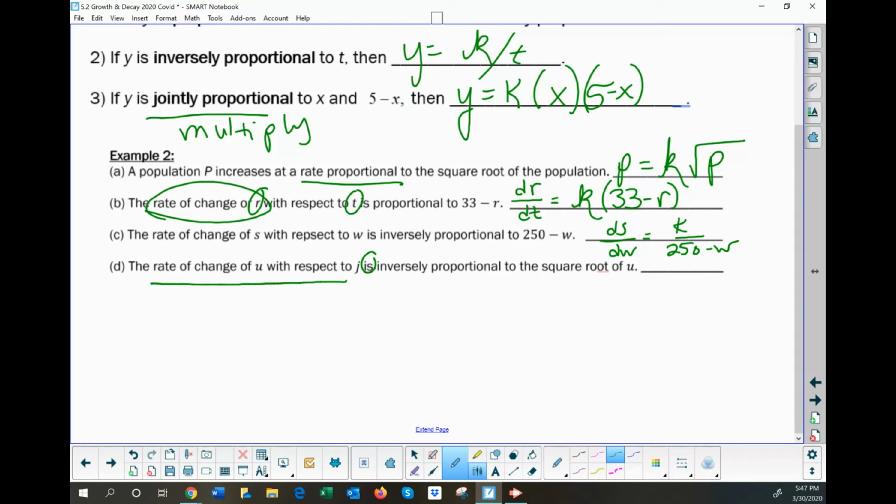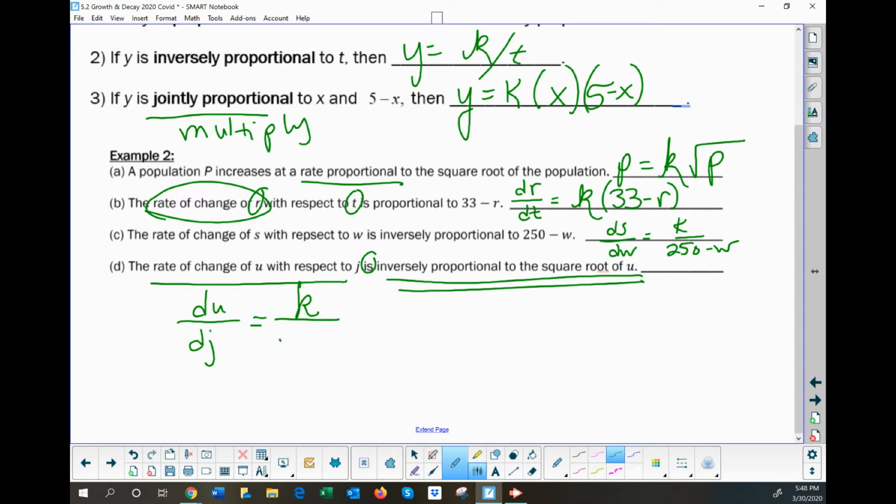So on this left side, the rate of change of U, that's a dU, differential U, change of U, with respect to J, so dU/dJ is equal to inversely proportional. That's going to push it to the bottom. Get my K constant in the numerator, square root of U. And there we got it.